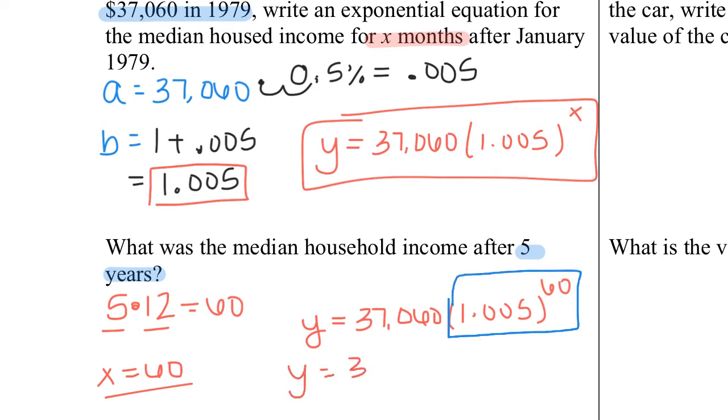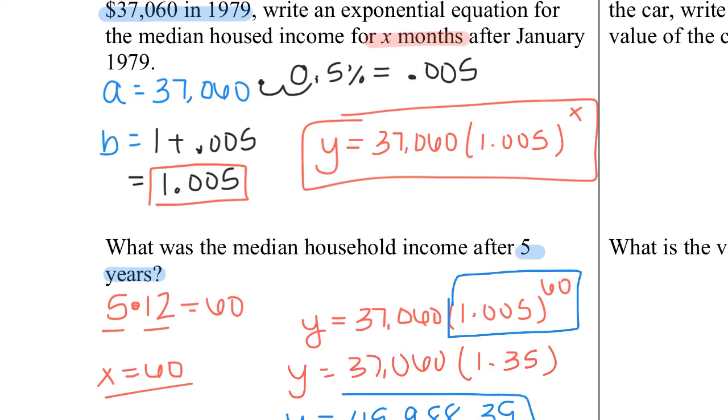So we're going to have 37,060 times, and 1.005 to the 60th power is actually 1.35. Then we can multiply these two together. 37,060 times 1.35 is equal to 49,988.39. So the median household income was almost $50,000 after 5 years.